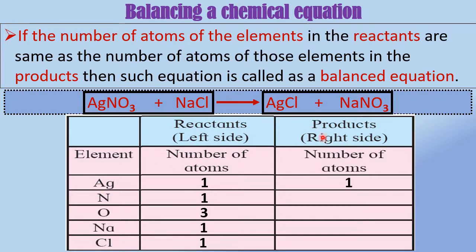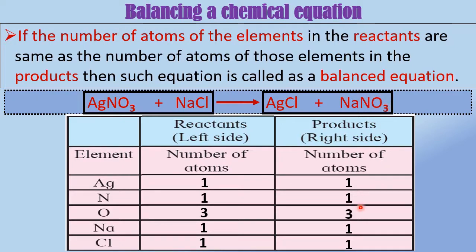The number of atoms of chlorine is also 1. The number of atoms of sodium is 1. The number of atoms of nitrogen is 1. And the number of atoms of oxygen are 3.